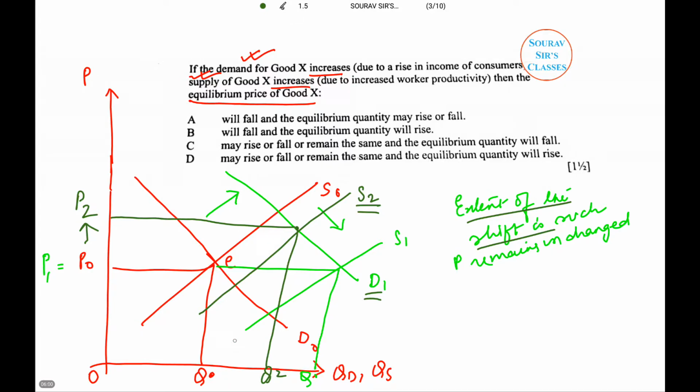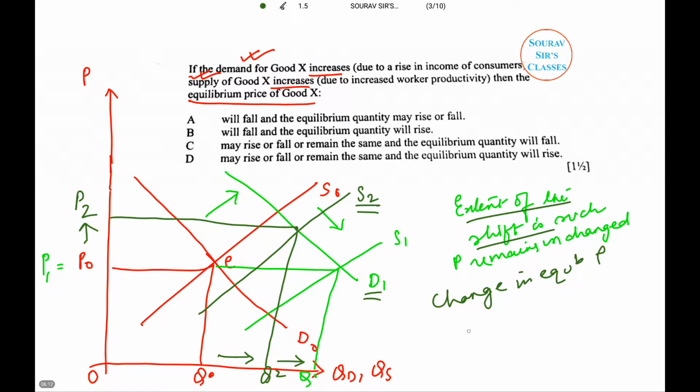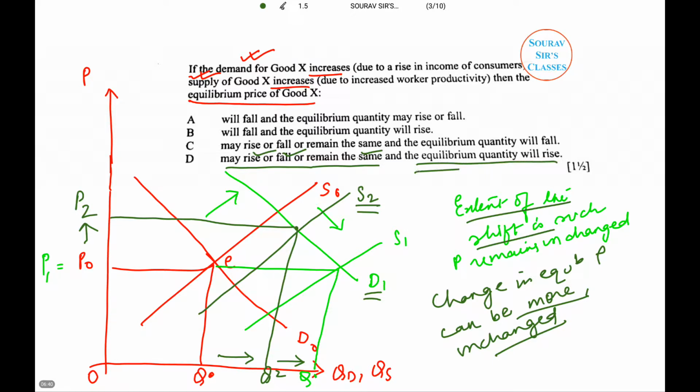So we can see each and every time quantity increases, but the change in equilibrium price is not for sure. We can say it may rise, fall or remain the same. However, equilibrium quantity will always rise, and this is the correct answer.